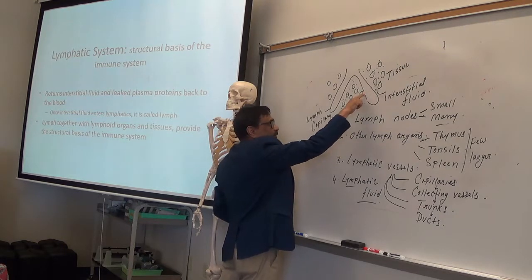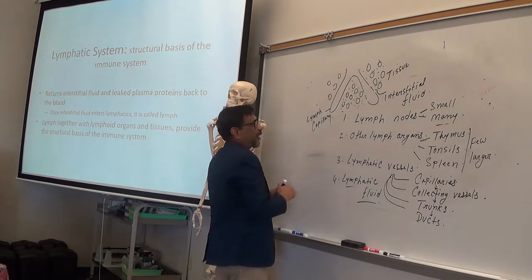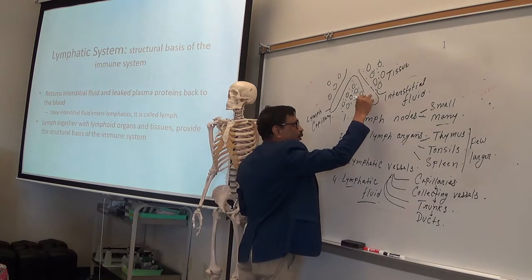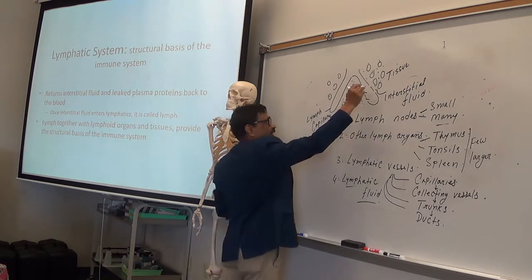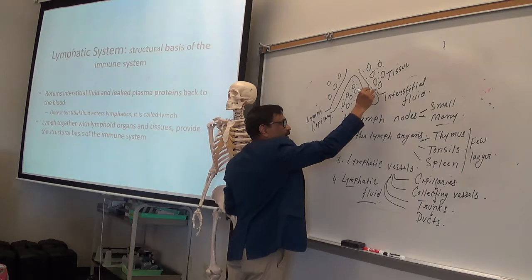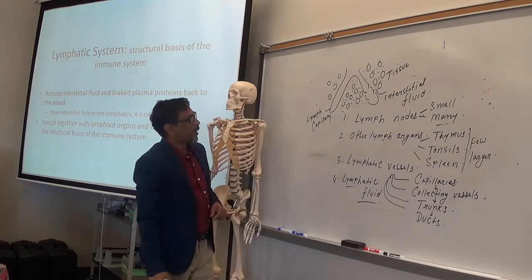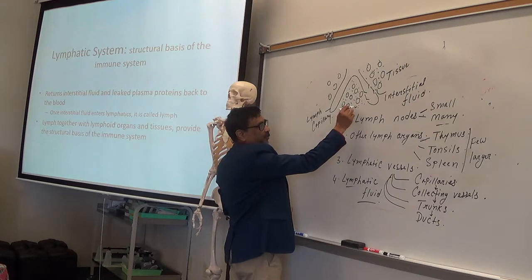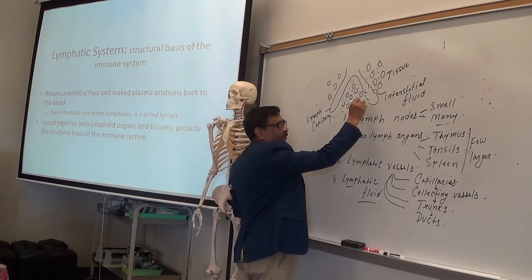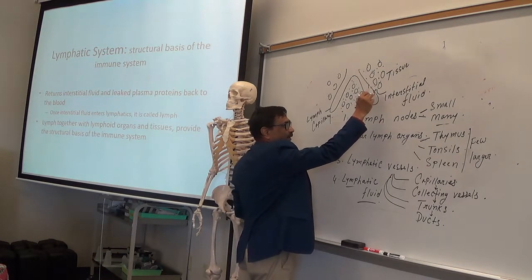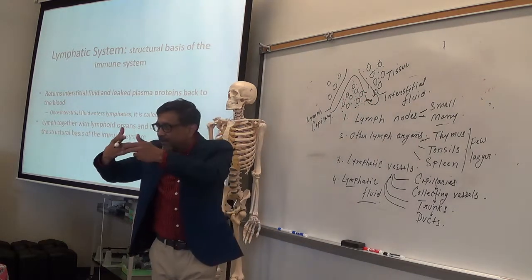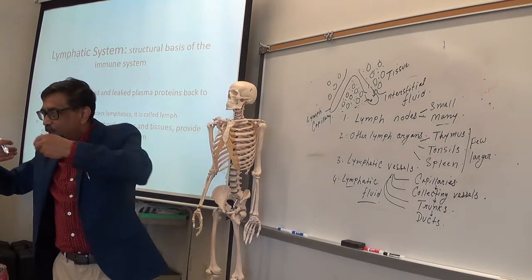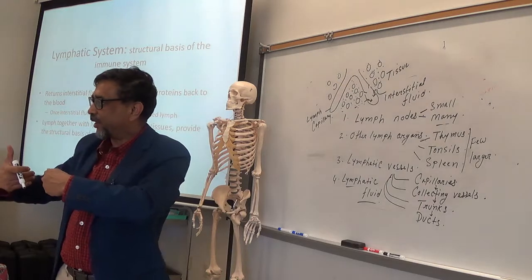In the wall of the lymph capillary, you have mini valves. They open only inwards, not outwards, like this. So when the pressure in the interstitial fluid increases, what happens? The fluid enters into the lymphatic capillary. That pressure will open the valve, which way? Inwards, right? So the fluid will get into the capillary. Make sense?